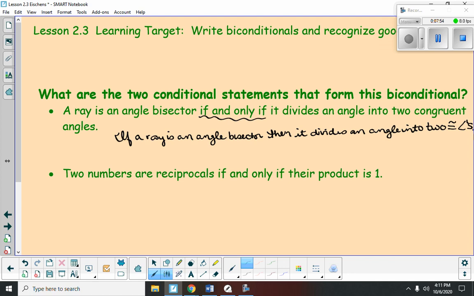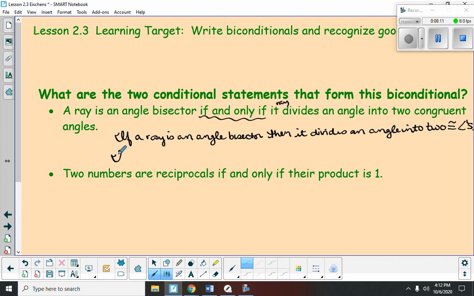And we have to write it the other way because it says what are the two conditional statements. So we're going to switch the A and the B part around. So if a ray divides, it refers to the ray.